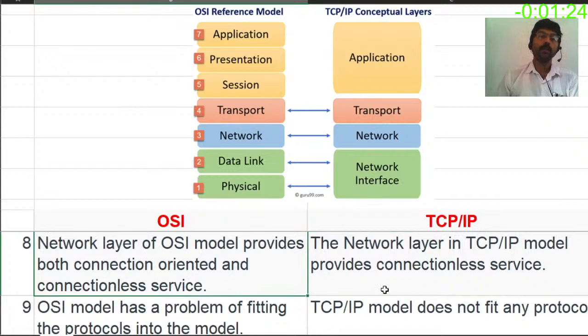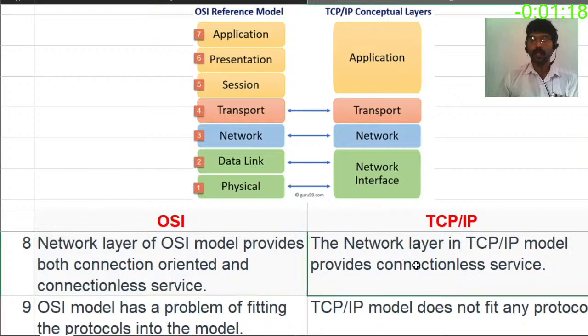The network layer of the OSI model provides both connection oriented and connectionless service, but the network layer in the TCP/IP model provides only connectionless service.